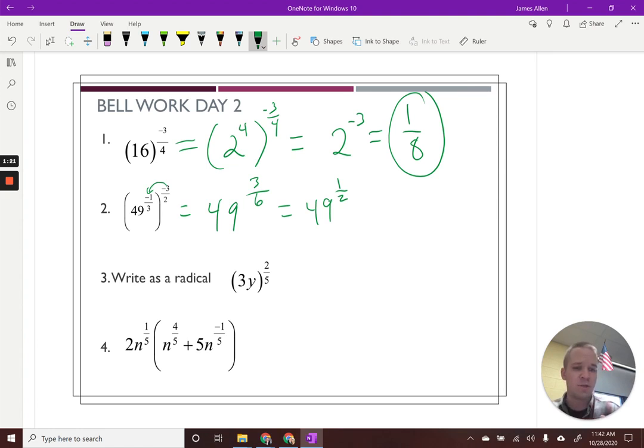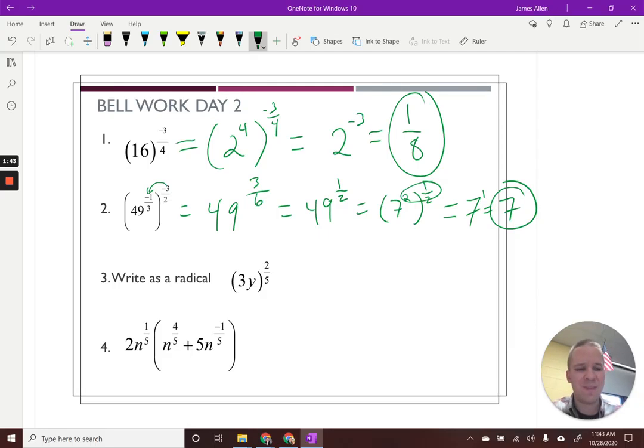But to go along with our theme of writing with an exponent that matches the base, I could write 49 as 7 to the 2nd. And now these two exponents, when I multiply them, would just give me 1, 7 to the 1st, which equals 7. Bingo, bango.